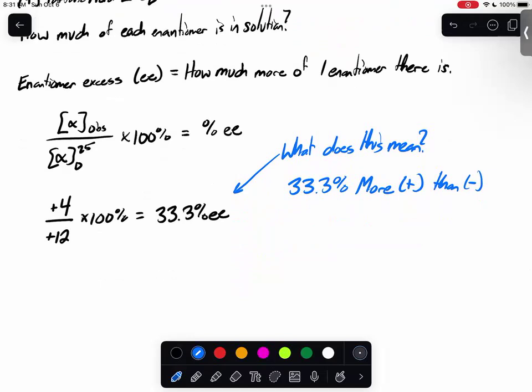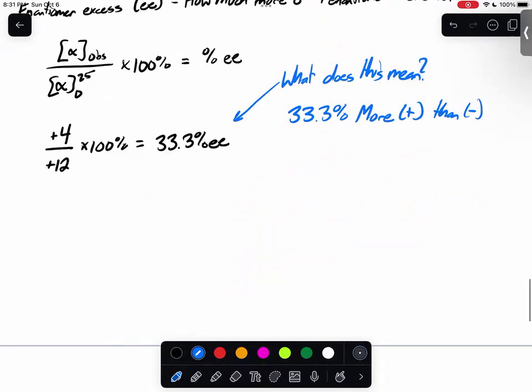And you can do this through some relatively simple math because we know, given this 33% enantiomeric excess, 100% of the solution minus the EE is going to tell us the percent of mixed enantiomers, right? Because the 33% is saying that is how much extra of one there is. That means the other two are an equal mixture of the rest of the percentage.